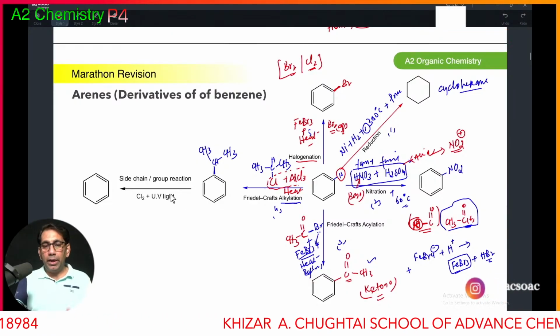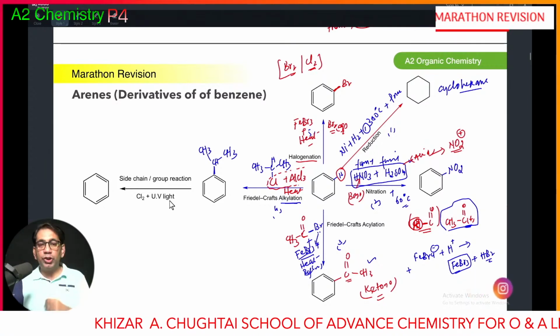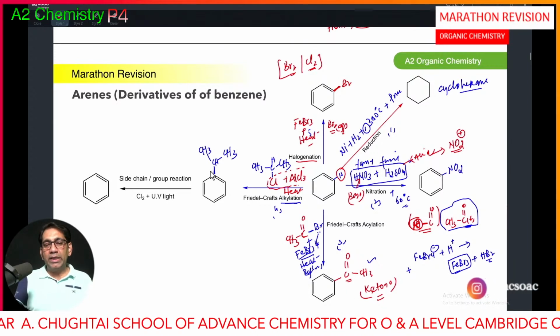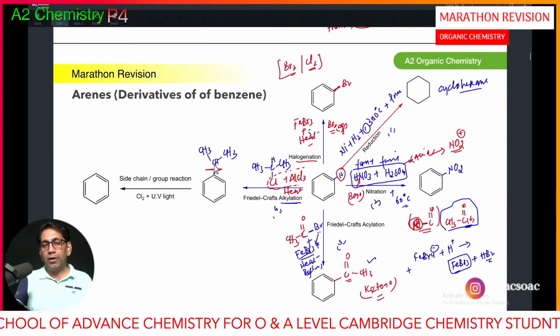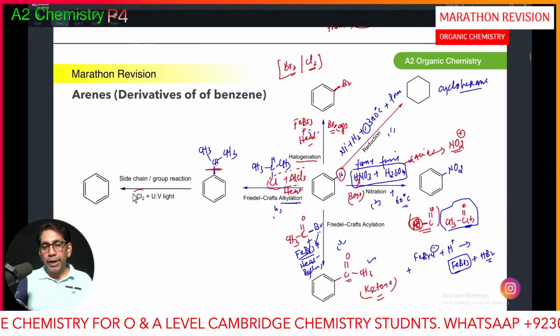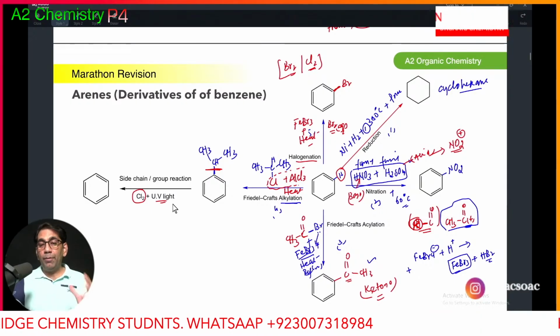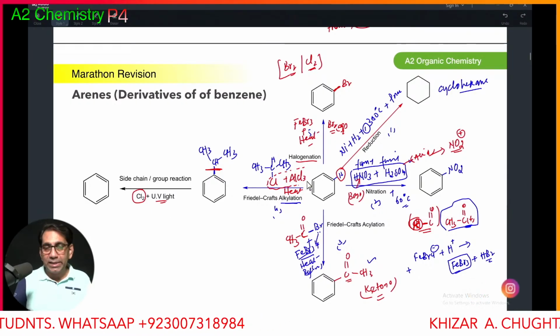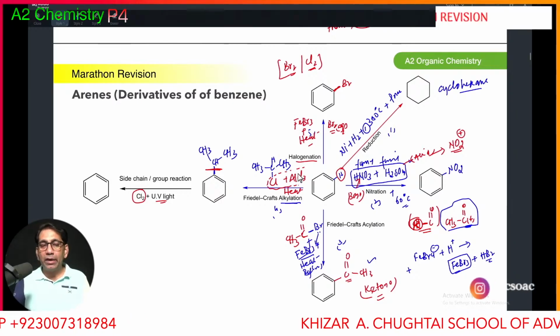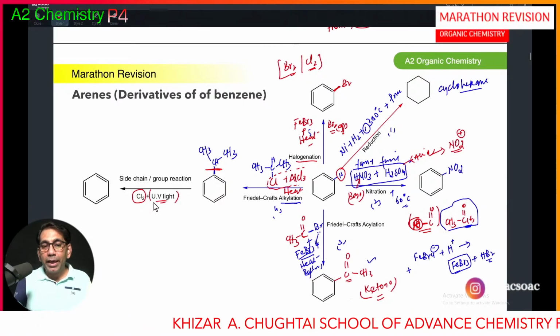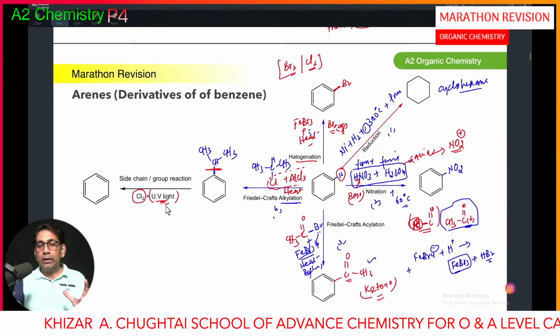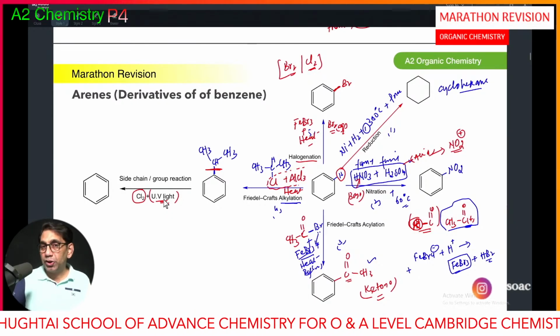Now the next one: sometimes the side chain may also react. In this case, you can see that this is part of your AS chemistry. If I'm going to introduce Cl2 but change the conditions, so if I'm not using FeCl3, AlCl3 or FeBr3, and if I'm using UV light instead, then there will be no reaction of the benzene ring.